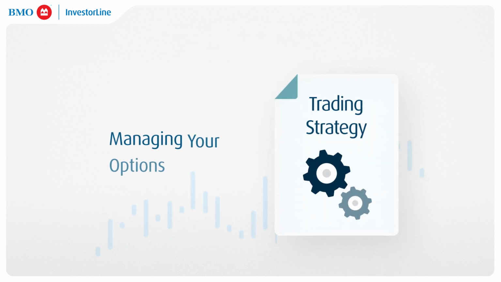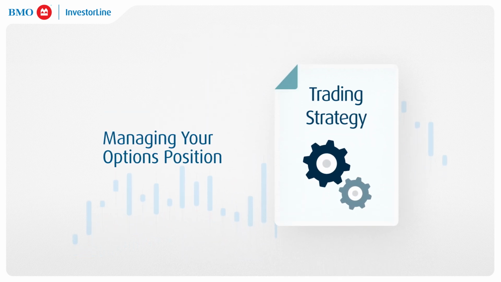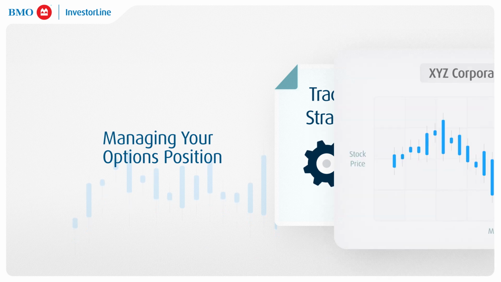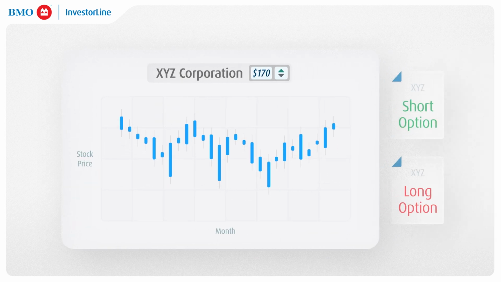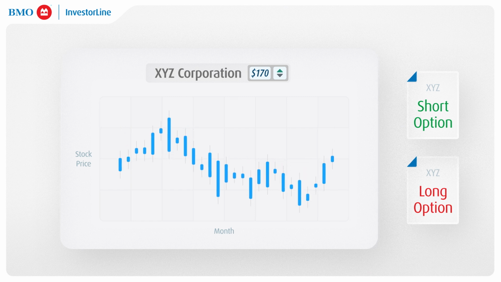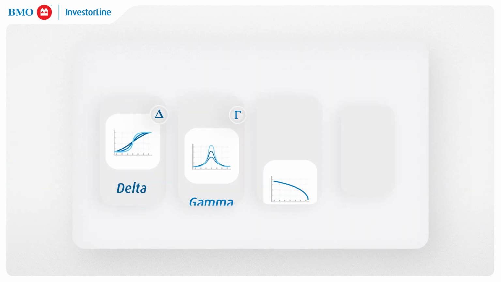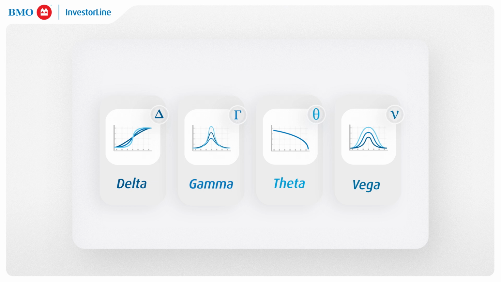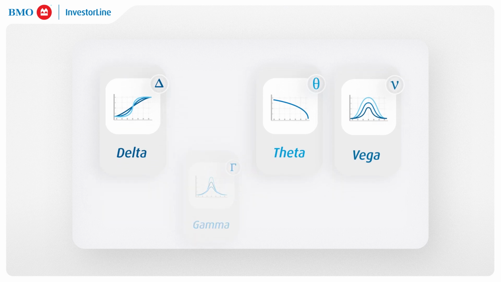Now, let's explore the various factors to consider when deciding how to manage your options position. Firstly, the rise and fall of the underlying is typically the first step in gauging when to exit an options trade. However, time to expiration and volatility expectations will also influence an option's value. Let's review the basics of options Greeks to effectively manage these factors. Of the options Greeks, delta, theta, and vega will likely have the largest effect on the value of your positions.